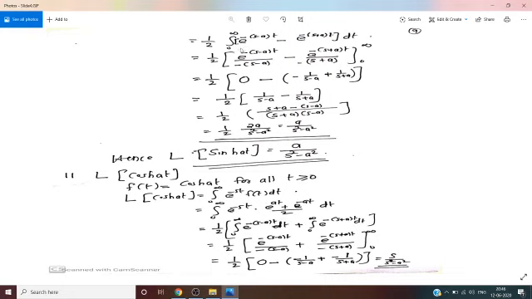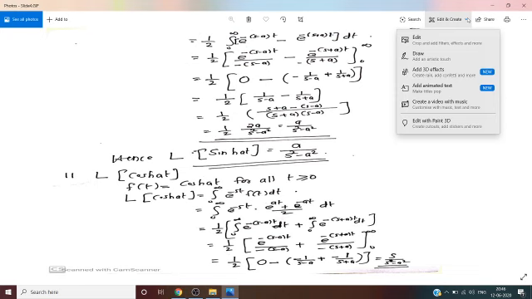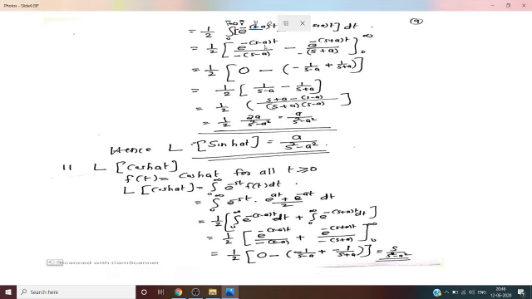Now, what is the integral of e raised to minus s minus a into t? It is e raised to minus s minus a into t divided by minus s minus a, minus e raised to minus s plus a into t by minus s plus a, and limits are from 0 to infinity. When we give the upper limit infinity, we get e raised to minus infinity here. Here also e raised to minus infinity. You know that e raised to minus infinity is 0.